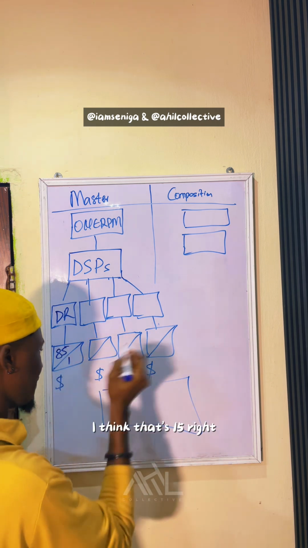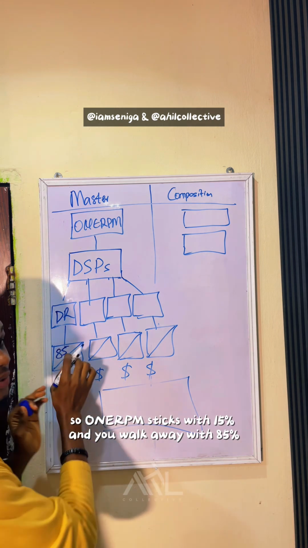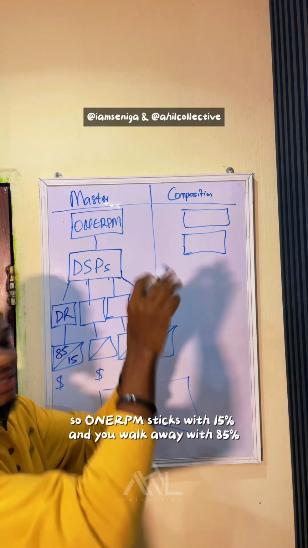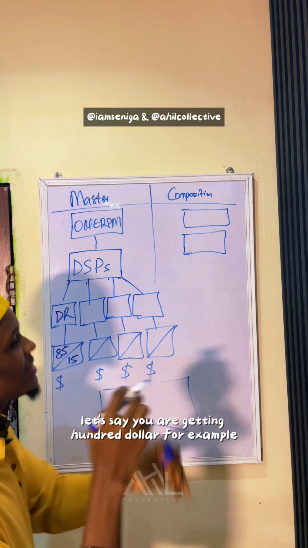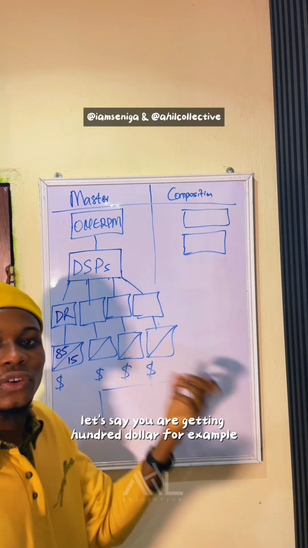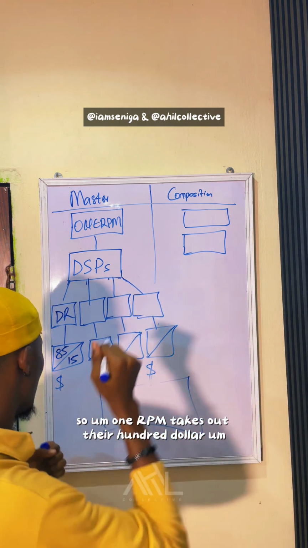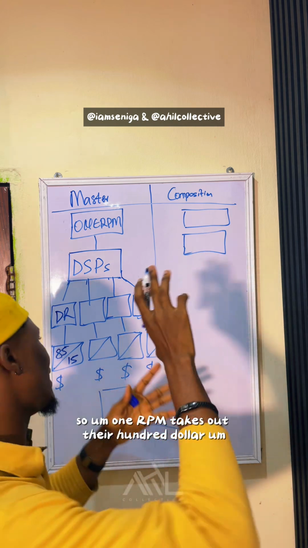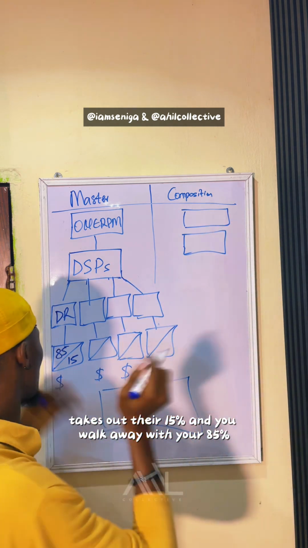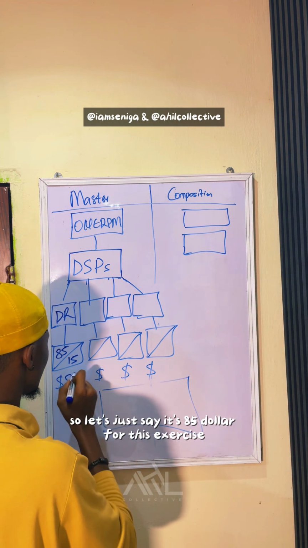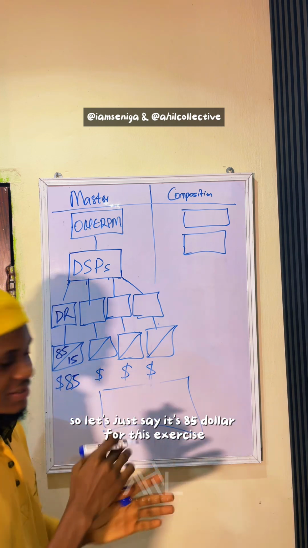I think that's 15, right? So 1 RPM sticks with 15% and you walk away with 85%. At the end of the day, let's say you are getting $100, for example. 1 RPM takes out their 15%, and you walk away with your 85%. Let's just say it's $5 for this exercise.